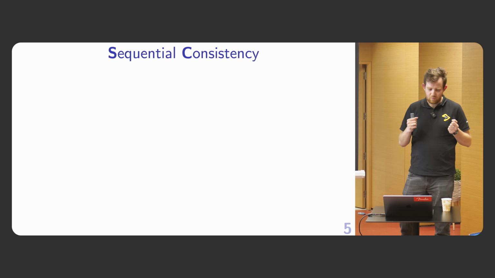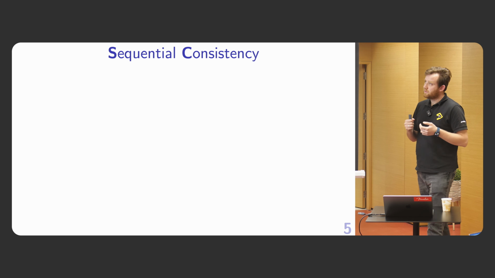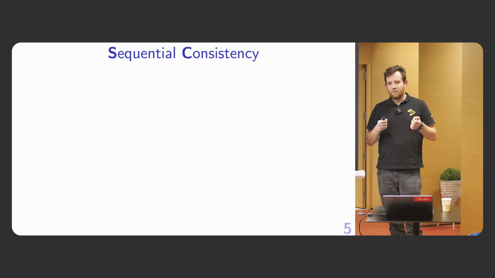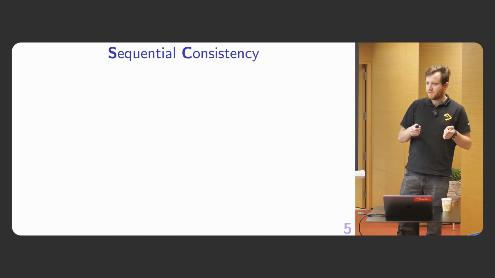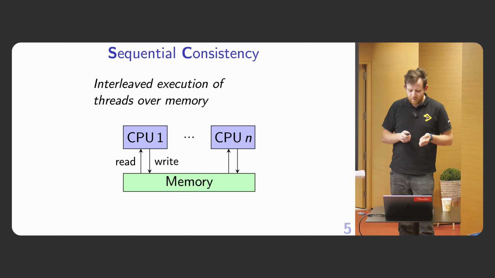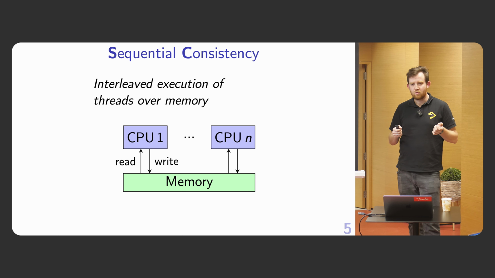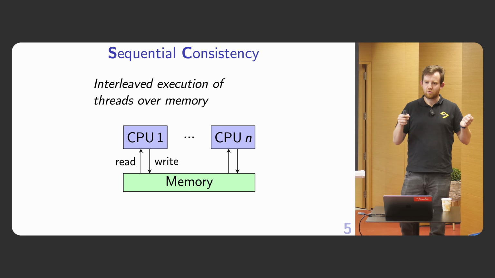So what was proposed in the paper? A memory model called Sequential Consistency, and this is how people usually think about concurrency. It's very intuitive, and it assumes that every execution of a concurrent program could be explained as some interleaving execution of its threads.